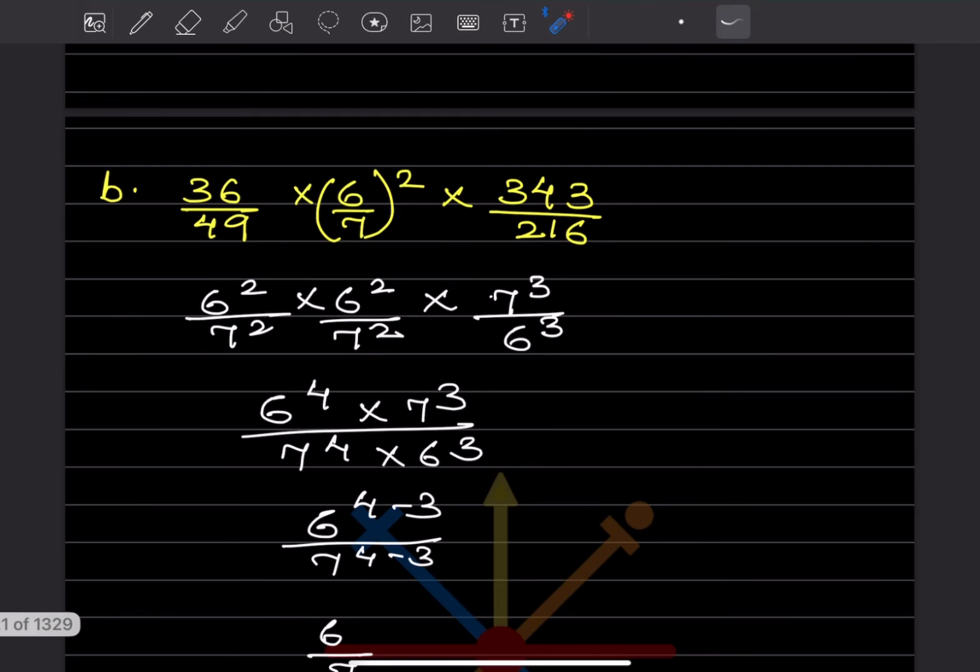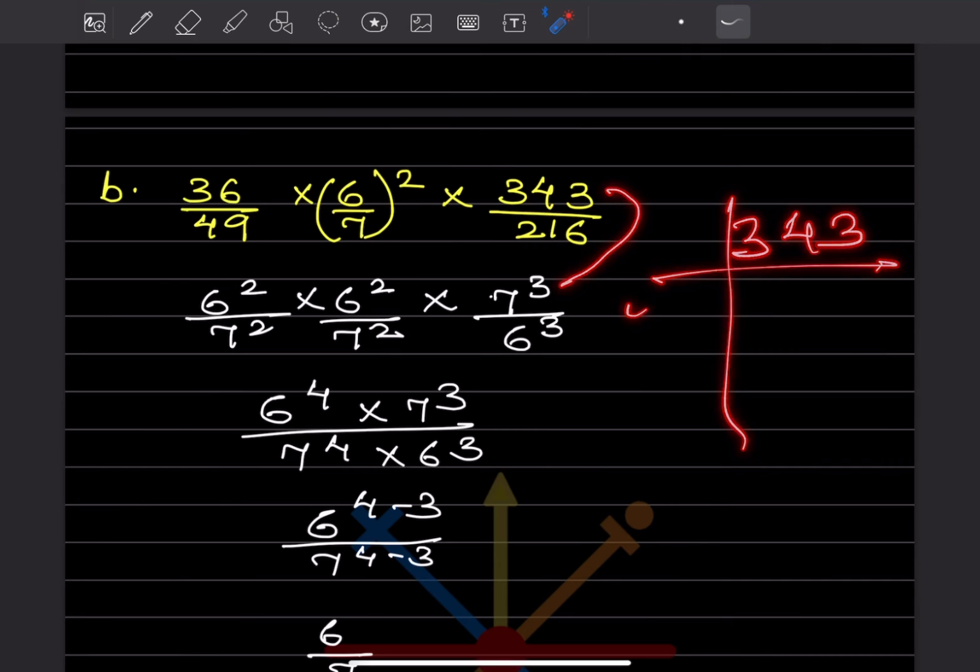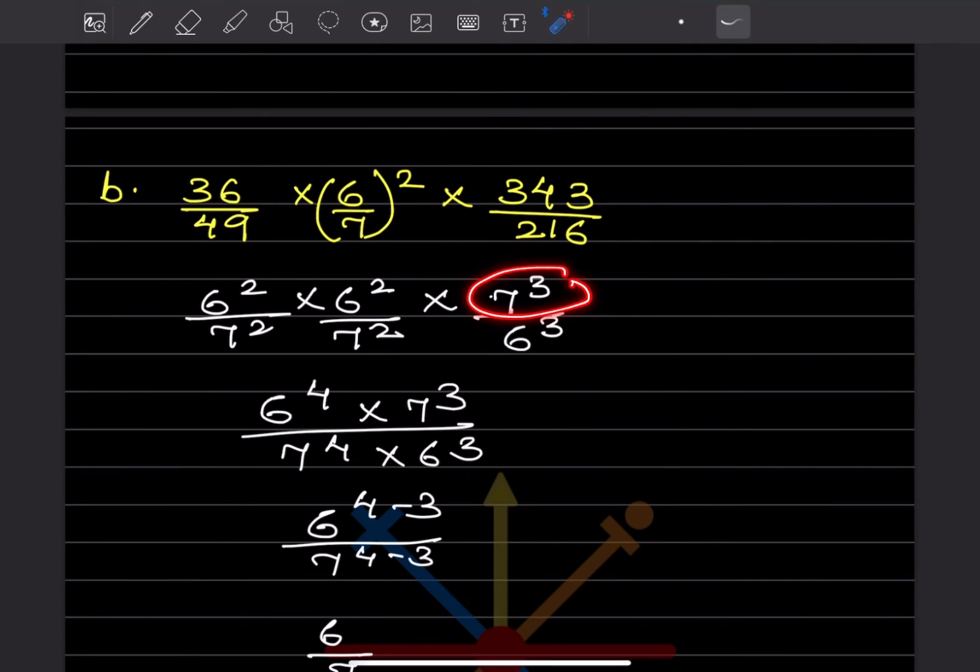Now for this part, we can write 36 as 6 square and 49 as 7 square. 6 raised to 2 here, 7 raised to 2 here. Now for this one, 343, if you don't know directly, you can just factorize it. That is going to be 7 into 7 into 7, and this is going to be 6 into 6 into 6.